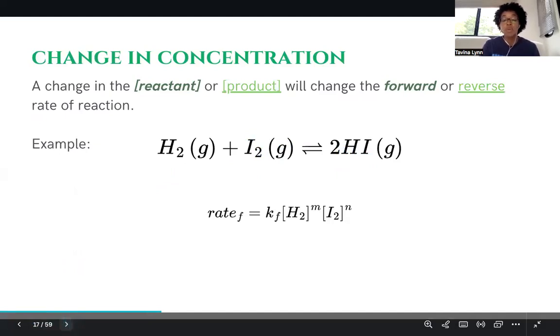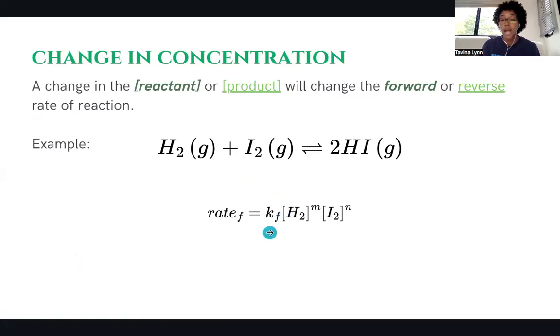If we were to write the rate law for this reaction, the rate of the forward reaction, as written going from reactants to products, is equal to the rate constant k, with a subscript F to denote forward reaction, times the concentration of our reactants raised to some exponent. I haven't told you that this is a one-step elementary reaction, so we can't use the stoichiometry to fill in these coefficients.